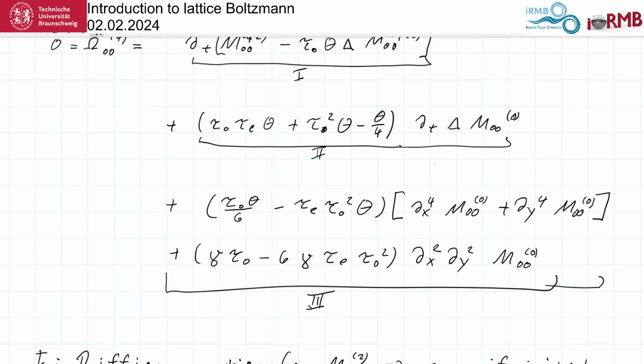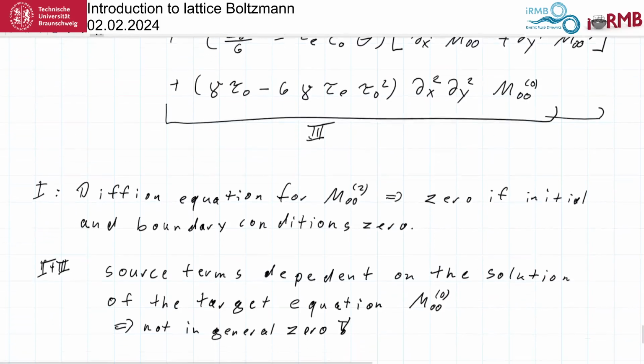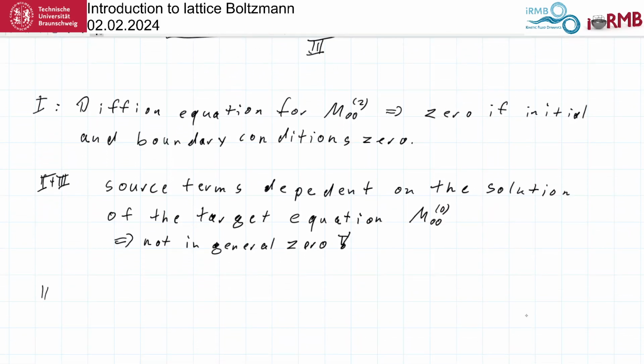And this is actually something that we know because this comes out of our target equation. Yeah, so we can obviously do a substitution here to modify our problem a little bit. So we have the time derivative of m00, yeah, to 0 order, and we can substitute this with the target equation.